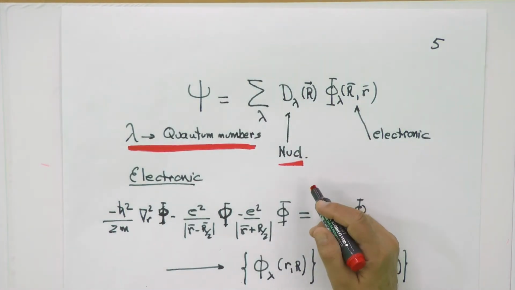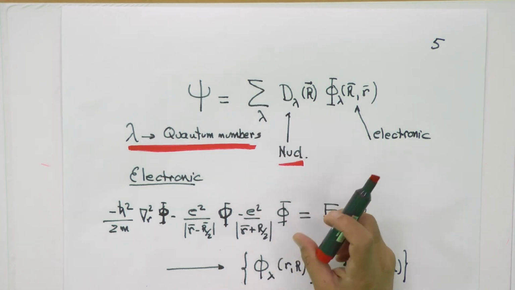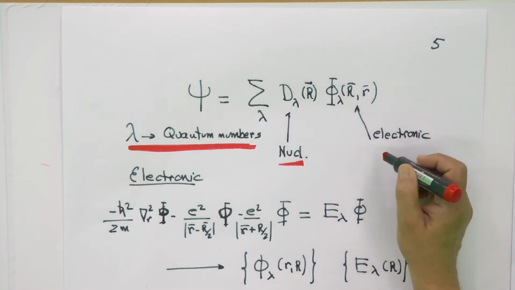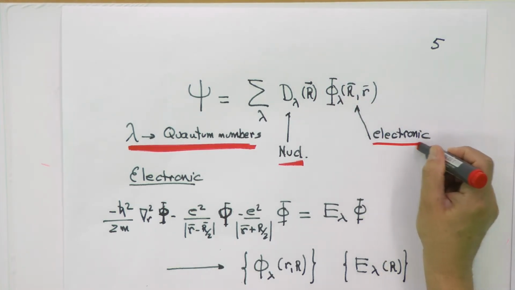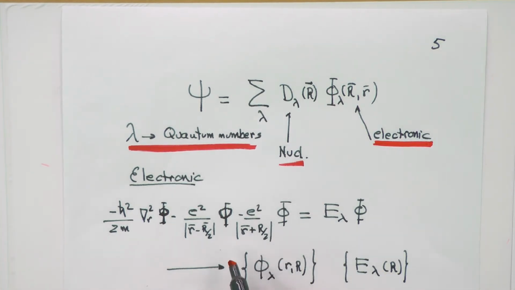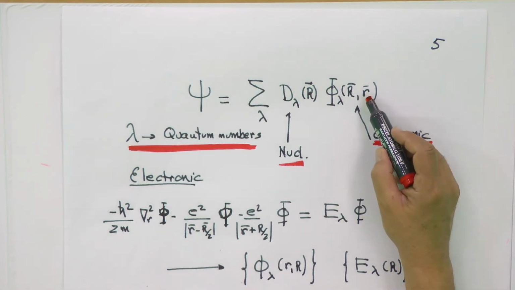But we cannot, so we have to say that the electronic states, which will be represented here by phi, and phi will basically be the electronic spatial distribution we have, depend on the position of the nucleus, of course, and on the coordinate of the electron.